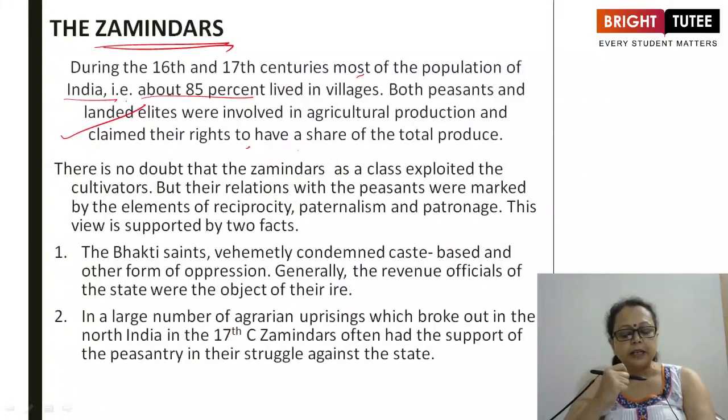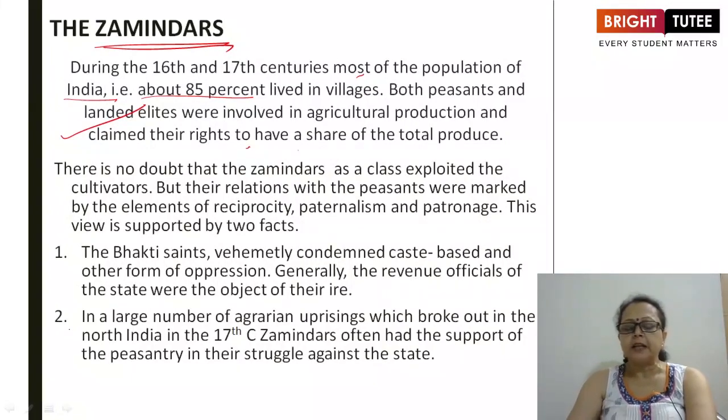So the Jamindari consolidation was a very slow process. These processes involved colonization of new lands by transfer of rights, by orders of the state and by purchase.